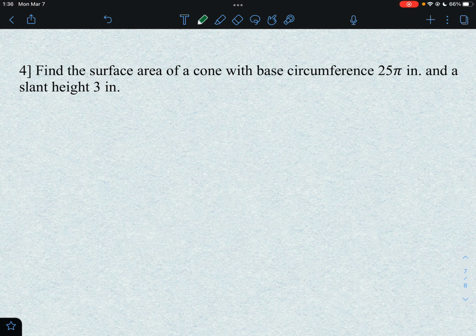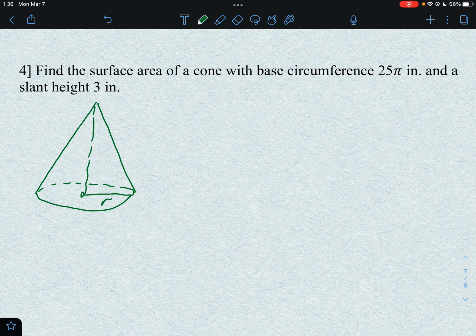Number 4, find the surface area of a cone with base circumference 25 pi and a slant height of 3. So once again, we don't have everything that we need. So let's draw in a cone. We actually don't know r. We don't know h. We know the slant height is 3.